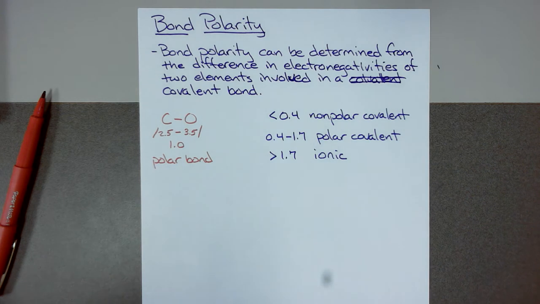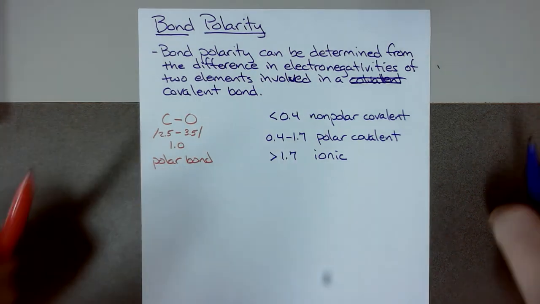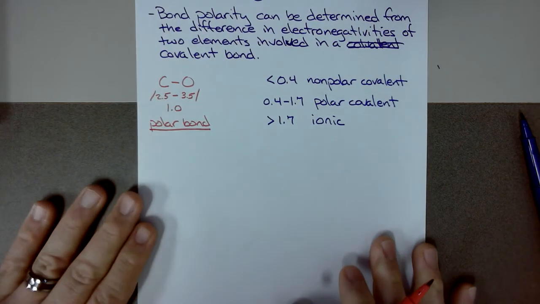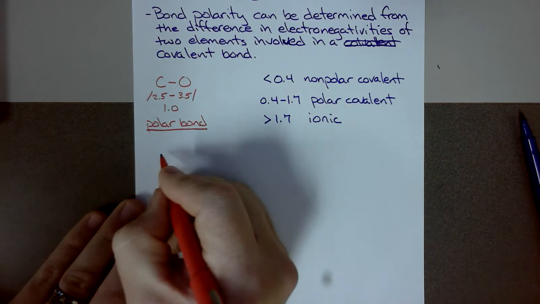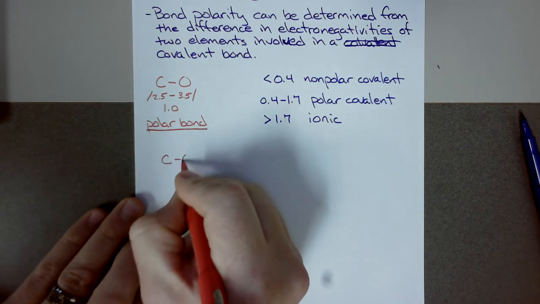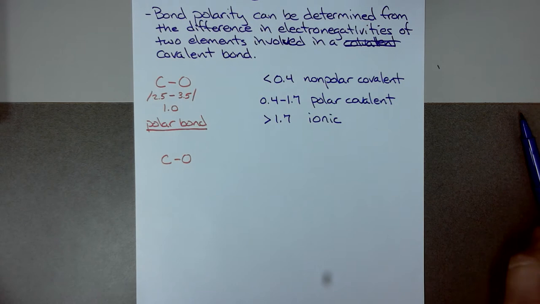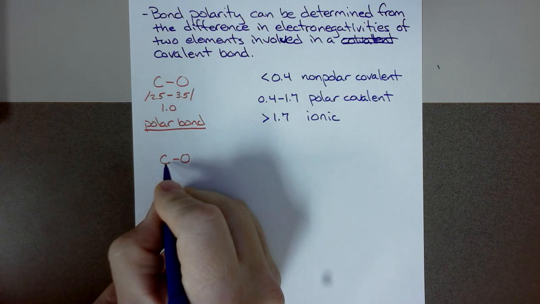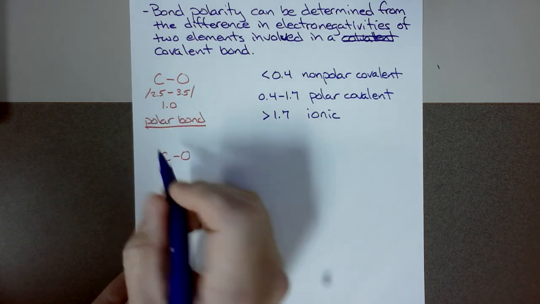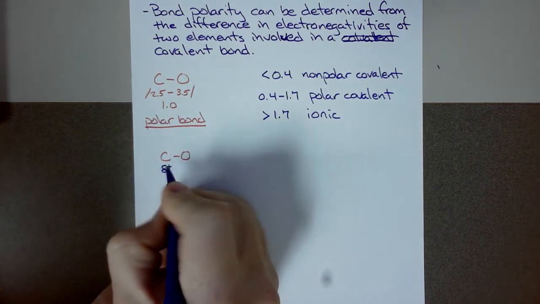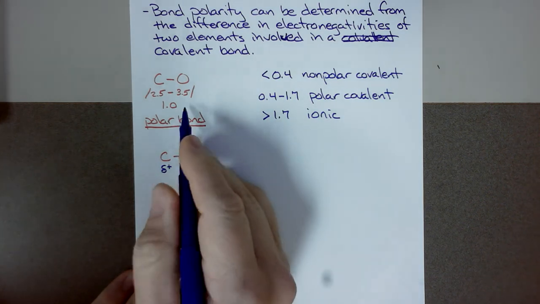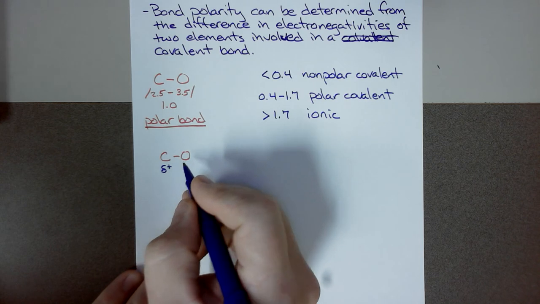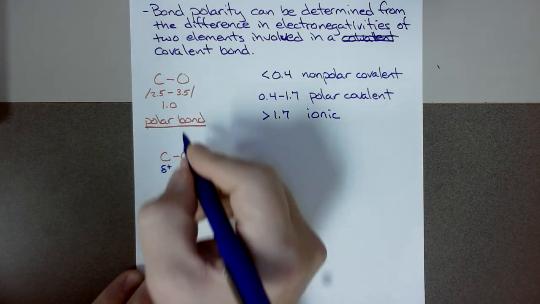Now we also have different ways of indicating what is partial positive and partial negative in a polar bond. So let's again look at this carbon-oxygen bond. Because carbon has a lower electronegativity, it's going to have a partial positive charge. And because the oxygen has a higher electronegativity, it's going to have a greater share of the electrons.